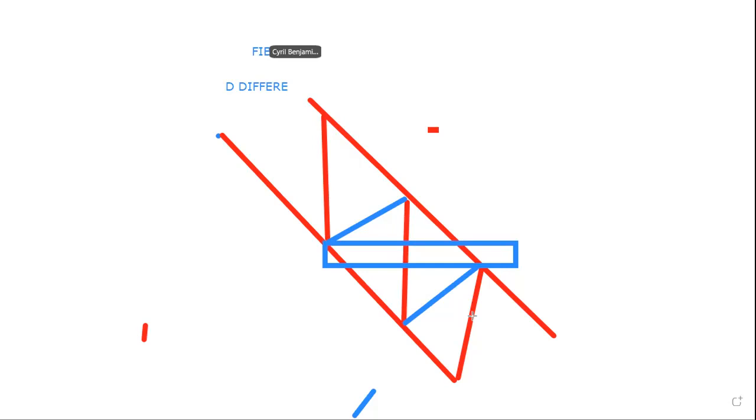So let me explain that. Let's say this was the 61.8 level, just for explanation. Look at the 61.8 level here. We wanted to sell, is it not?